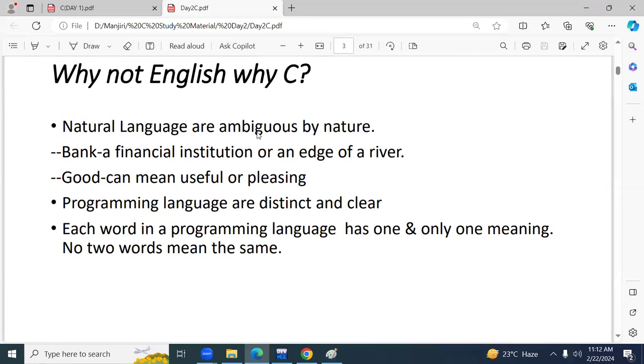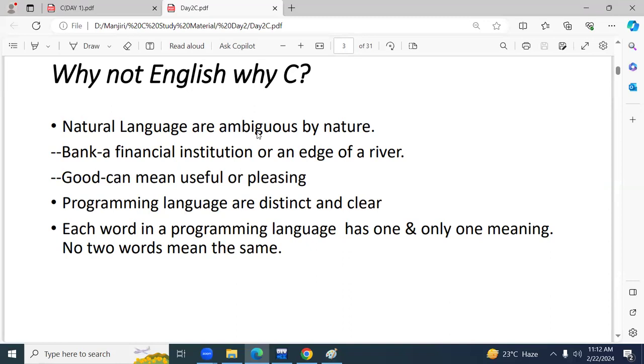In C language, this should not be possible. In any computer language, we don't want two-meaning words. We have precisely a single meaning only, not any word having two meanings. Are you able to understand, guys, what I want to say?